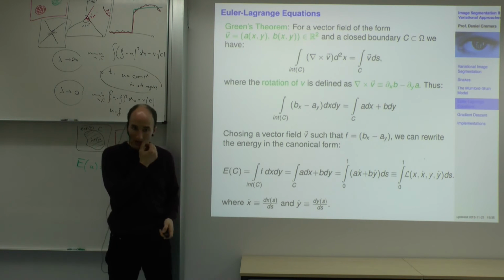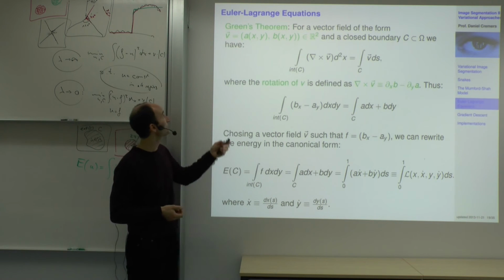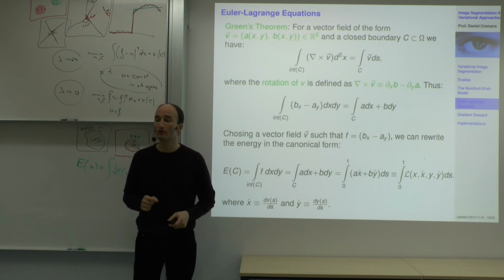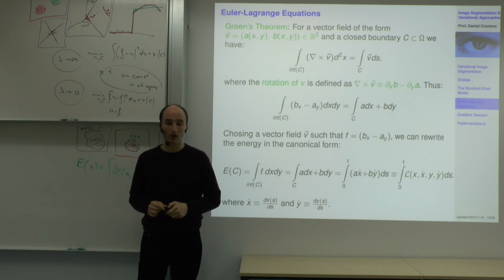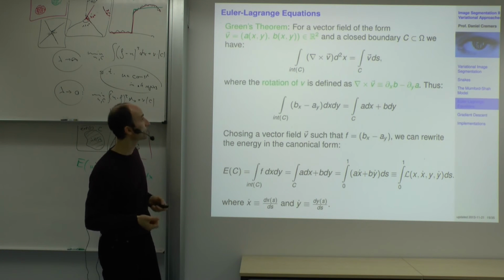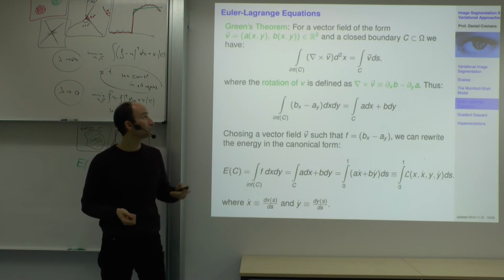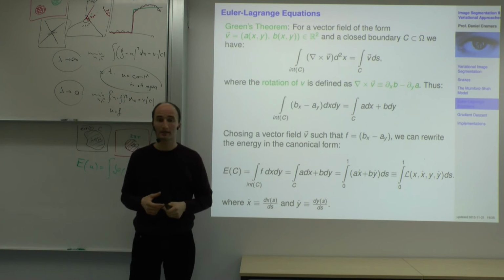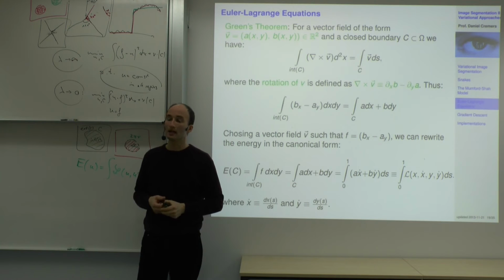How does it work? Well, turns out you can rewrite integration over a region as an integration over the boundary. This is called Green's theorem, sometimes also called Stokes' theorem. Essentially, for those who haven't heard of this before, it arises in multivariate analysis and is the generalization of the integration by parts.